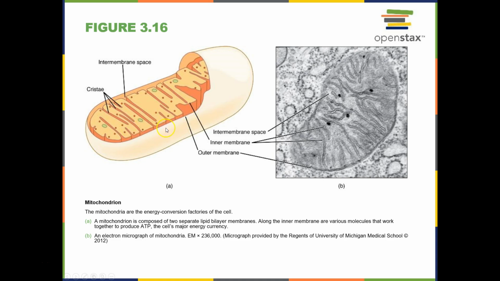It kind of looks like a kidney bean with the inner membrane moving in and out, in and out. The inside of the mitochondria, the very inside, is known as the matrix. And then those little grooves, those are known as the cristae. The mitochondria's major function is to produce ATP energy, which we will talk about minimally this semester, but we will definitely get into it when we're in the digestive system, and we talk about metabolism next semester.